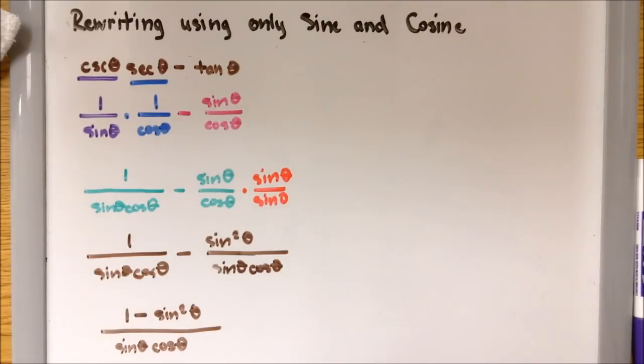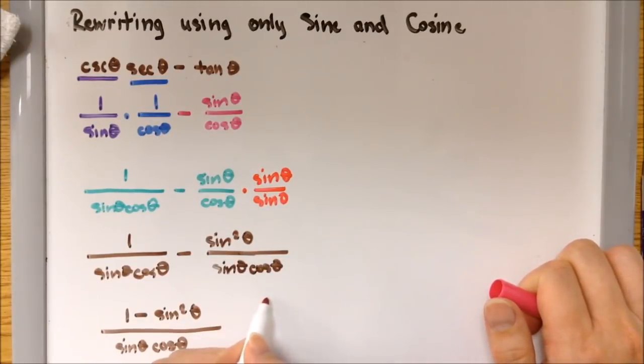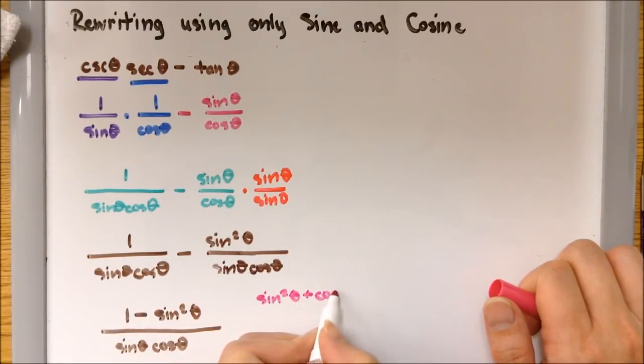The reason we're not finished is because I notice we have a sine squared theta and we have a 1. That's almost identical to the Pythagorean identity. So if we go back to the Pythagorean identity, which was sine squared theta plus cosine squared theta equal to 1.